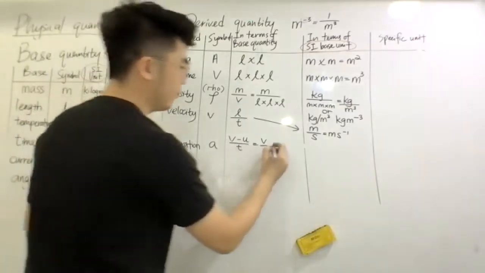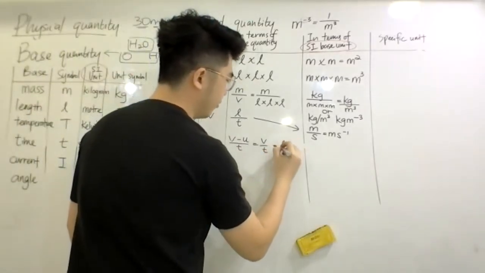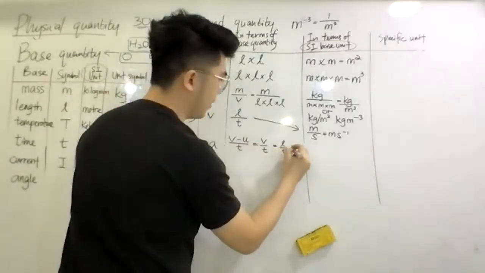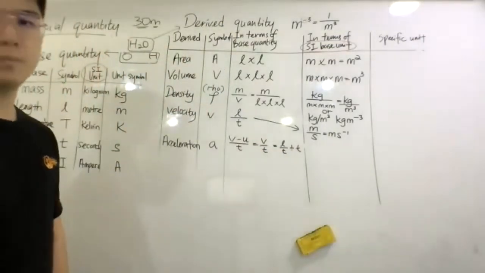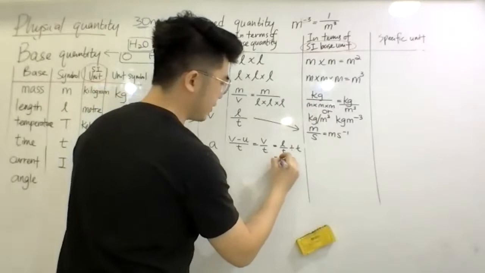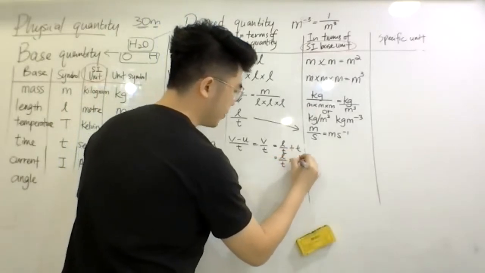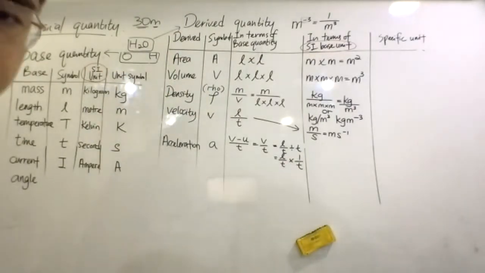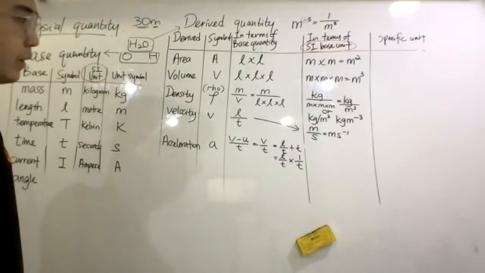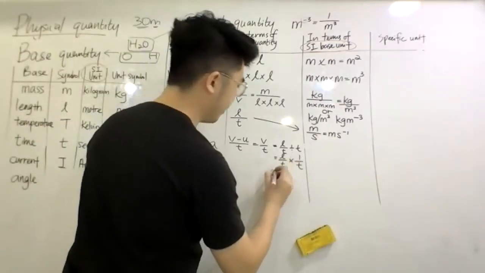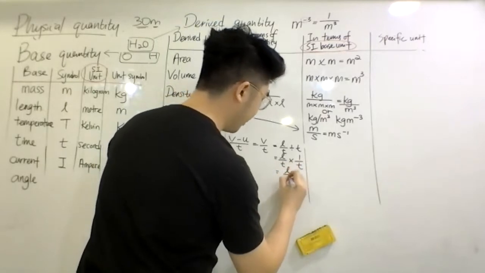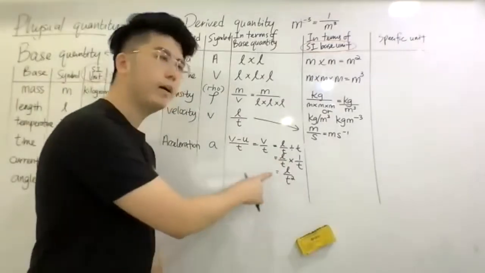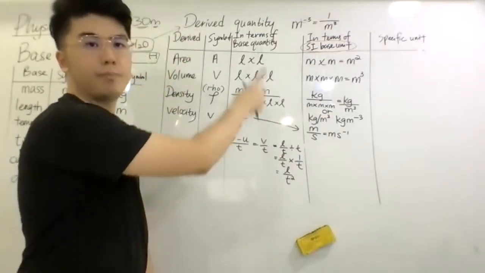So we have length over time on top, divided by T. I'm going to write it as length over T times 1 over T. Numerator with numerator, denominator with denominator, so you get L over T squared. This is the acceleration in terms of base quantity.